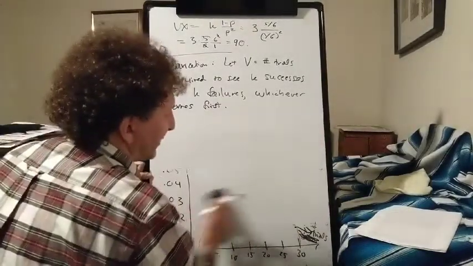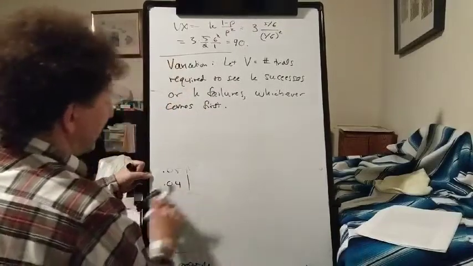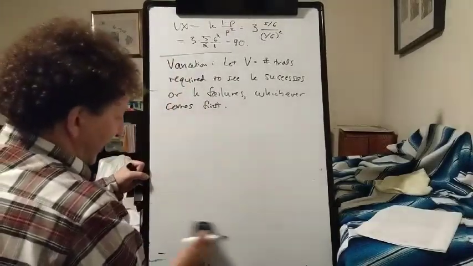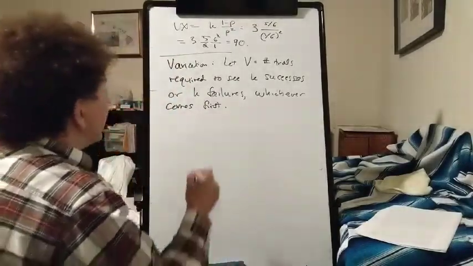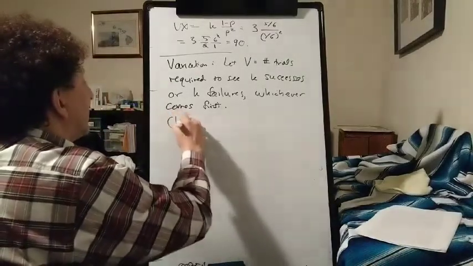So what's the probability it'll take n trials to see either the kth success or the kth failure, whichever comes first?